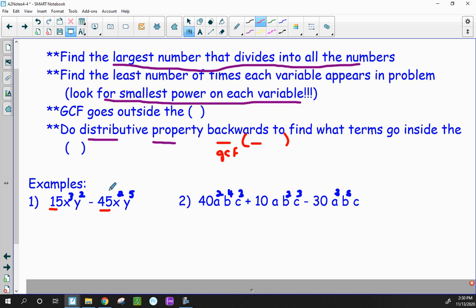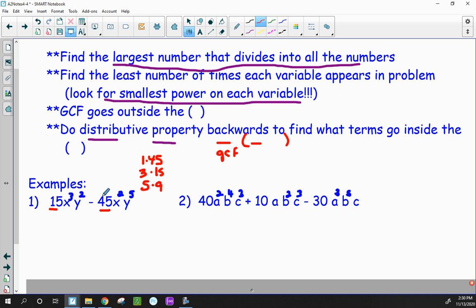So those are your factors: 1 and 45, 3 times 15, and 5 times 9.